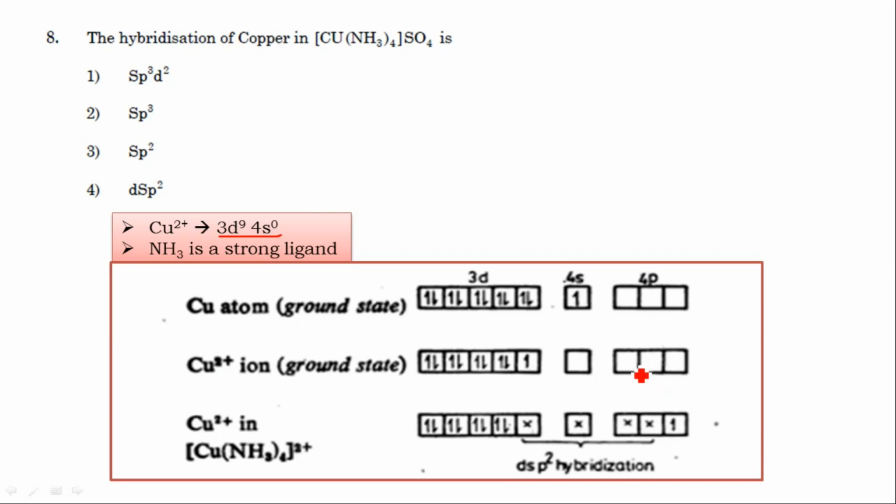In the presence of a strong ligand like NH3, one electron from the 3d is shifted to the 4p orbital, so you will get dsp2 hybridization. dsp2 hybridization gives a square planar complex. So option 4 is correct.